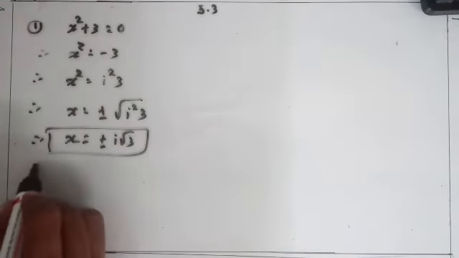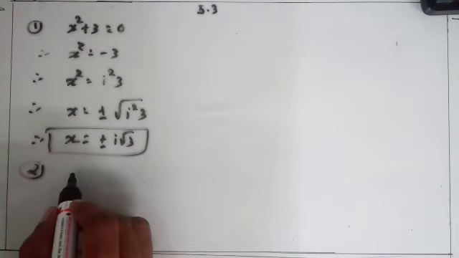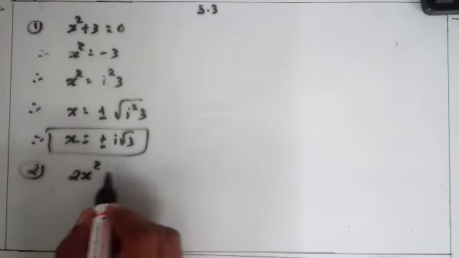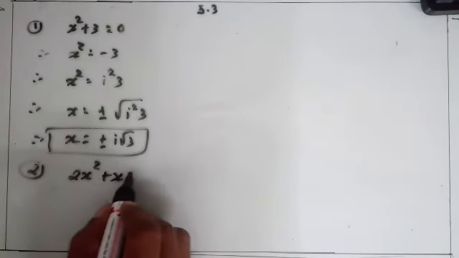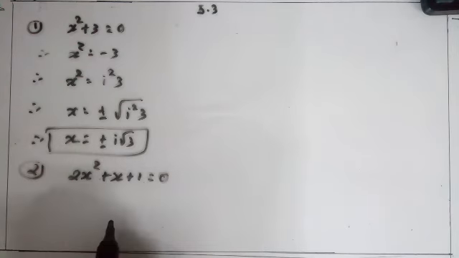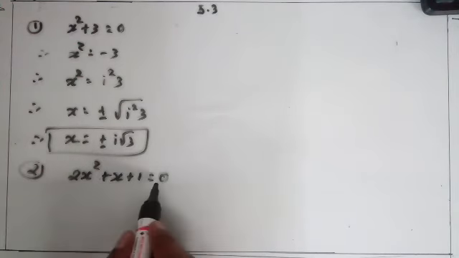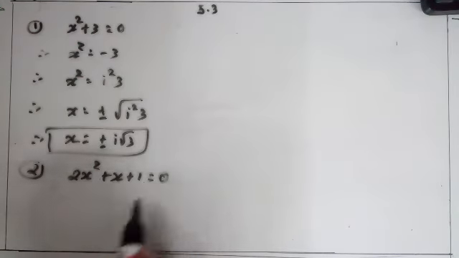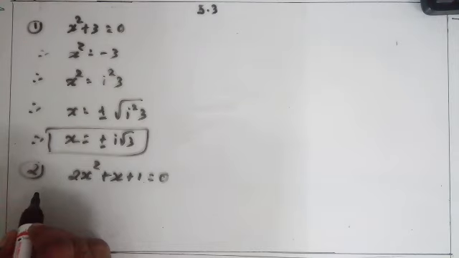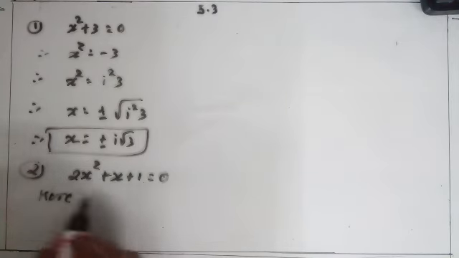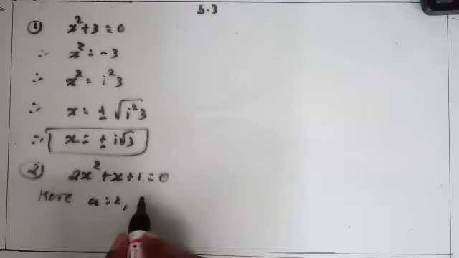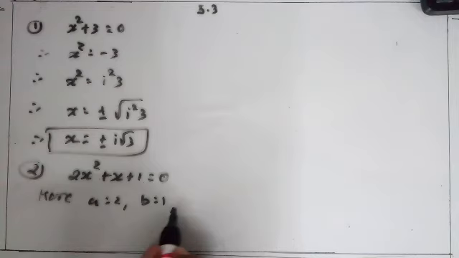Now question number 2. Solve the quadratic equation 2x² + x + 1 = 0. Compare the given quadratic equation with the standard form. Here a = 2, b = 1 and c = 1.